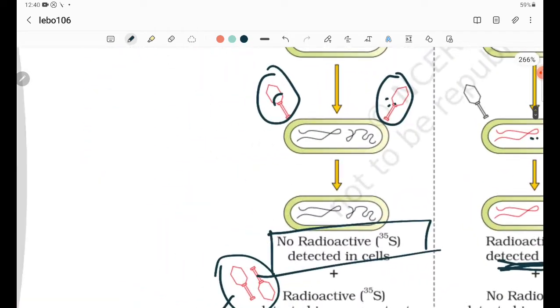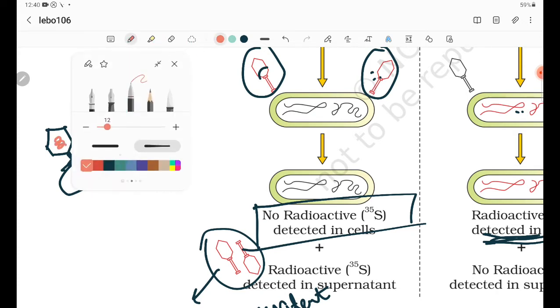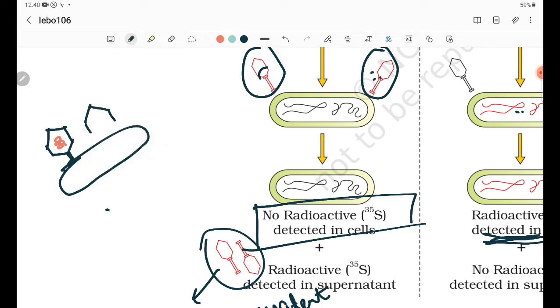Now let me tell you. They were seeing there was a bacteriophage which had radioactive DNA. Another bacteriophage was there which had radioactive protein.